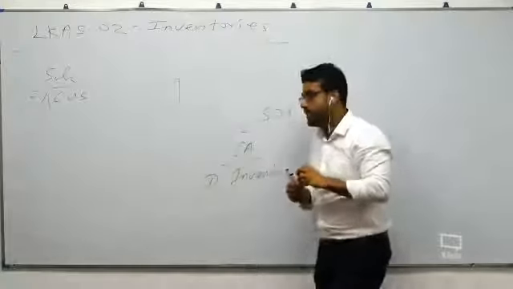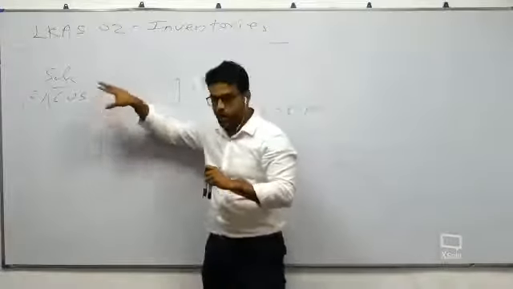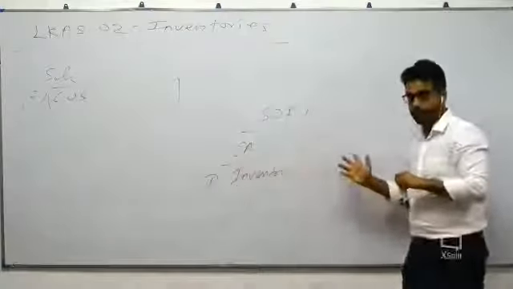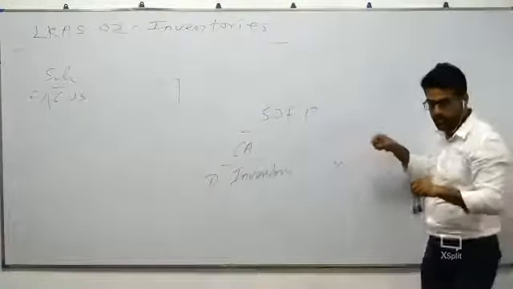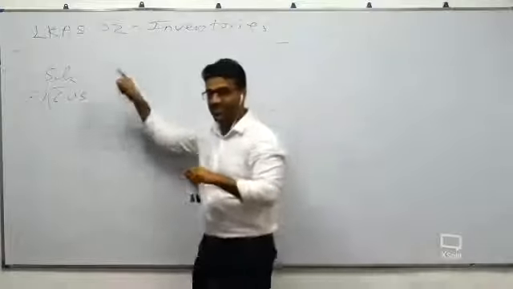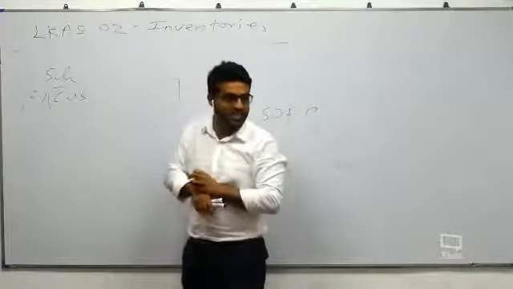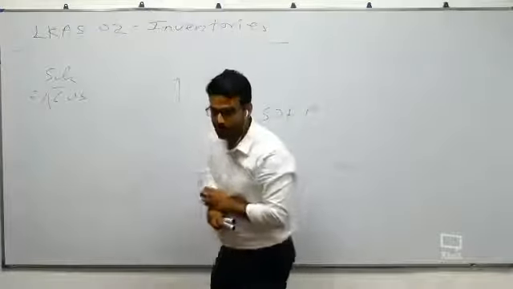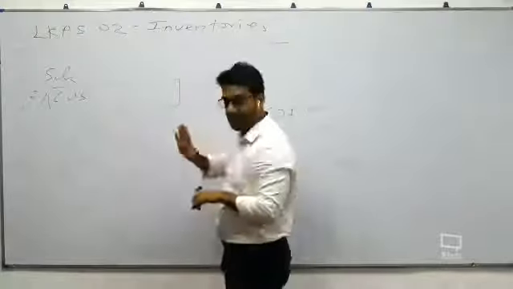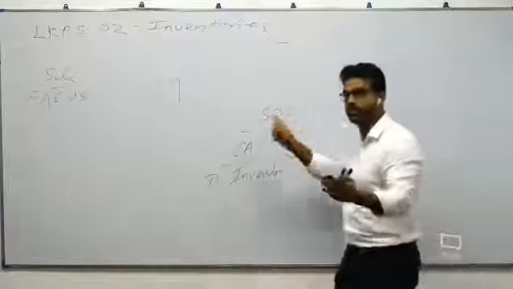Because in UK syllabus, the closing stock you record under current asset and the closing stock you record under cost of sales are always the same. But in A-level syllabus, if you do like that, you never get marks. In A-level syllabus, the closing stock that you record under cost of sales is different from the closing stock that you record under current asset. Same stock, but the values are different.